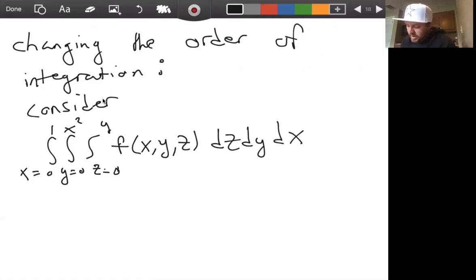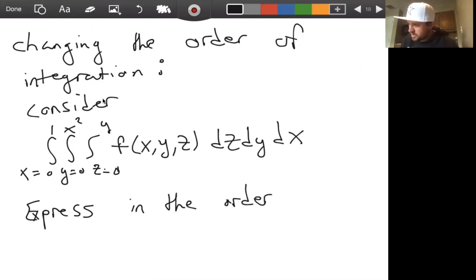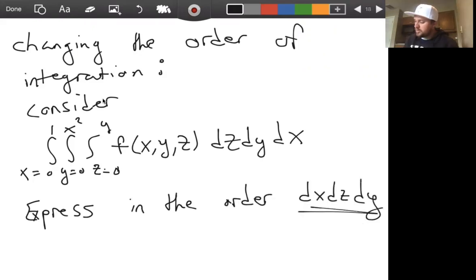And let's express this triple integral in the order dx, dz, dy, right? Instead of dz, dy, dx.